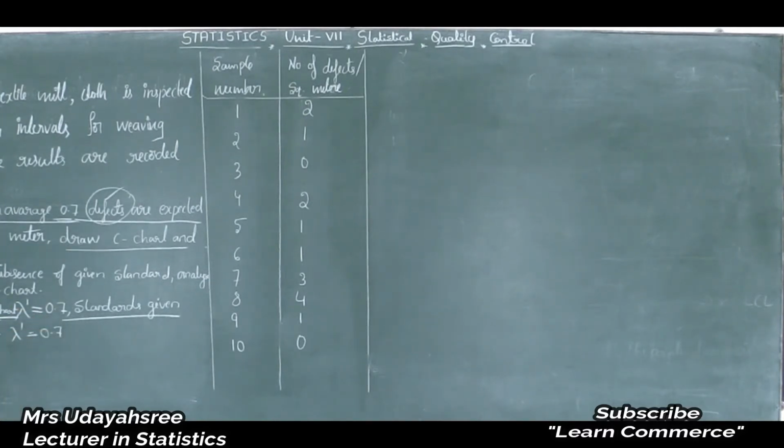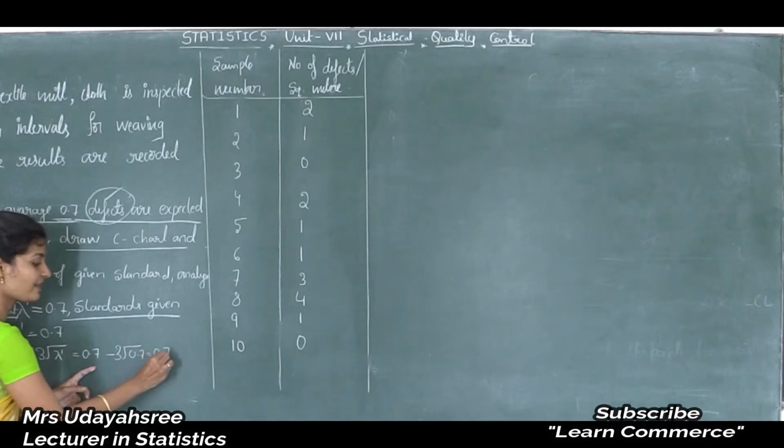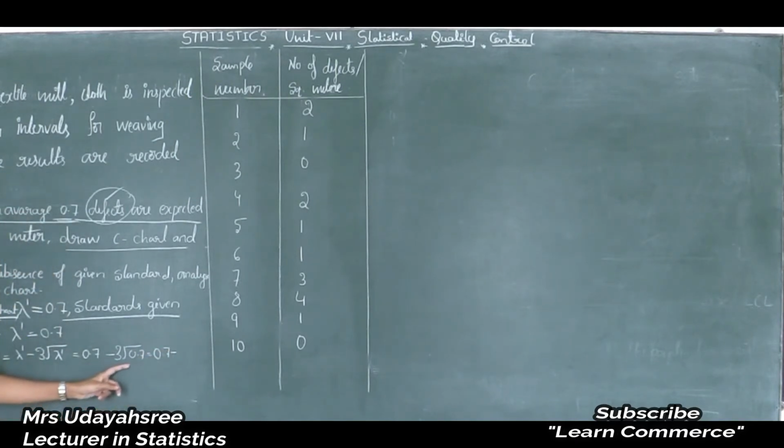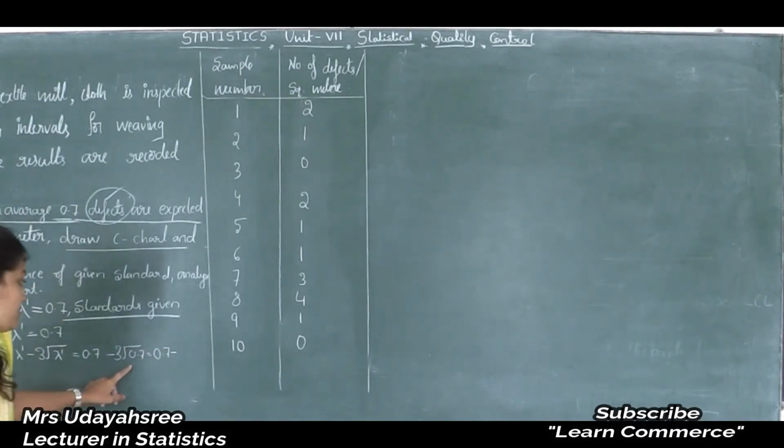Next, to calculate the lower control limit of a C chart in the standards given case, the formula is lambda dash minus 3 into square root of lambda dash. Substituting lambda dash as 0.7: 0.7 minus 3 into square root of 0.7.